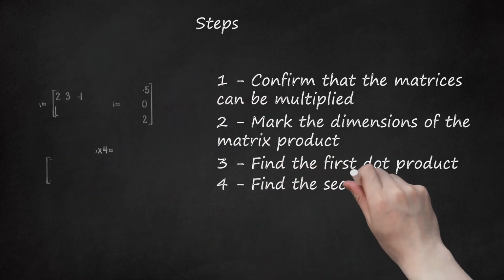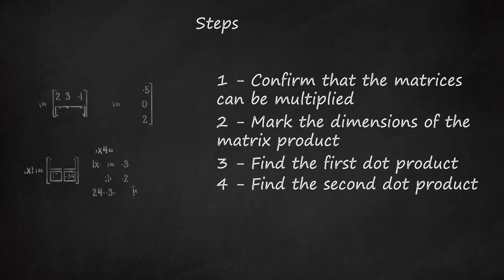4. Find the second dot product. Let's say you want to find the term on the bottom left of the matrix product. To find this term, you simply have to multiply the elements on the bottom row of the first matrix with the elements in the first column of the second matrix, and then add them up.